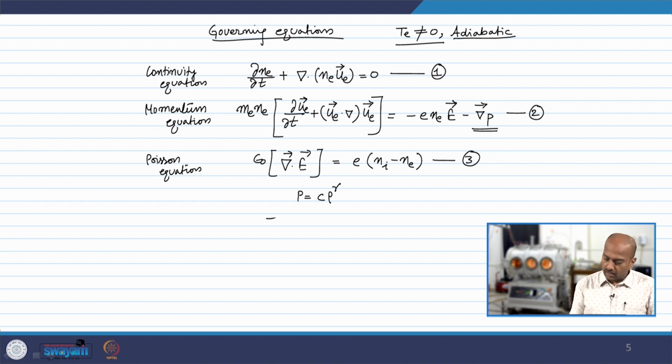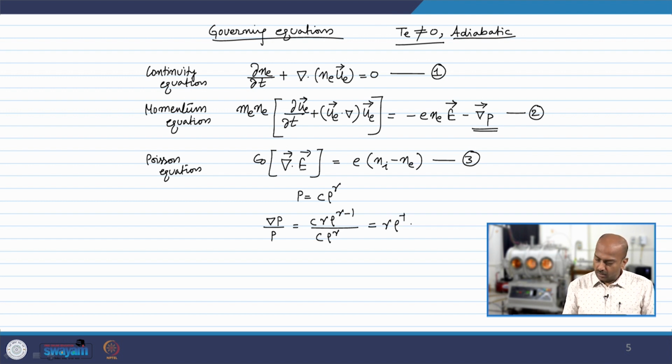So, we can write, take a derivative, del P over P dividing with the same expression, we have C times gamma rho power gamma minus 1 divided by C times rho power gamma, which is equal to gamma times rho power minus 1 del rho, which is also equal to gamma times del rho by rho.